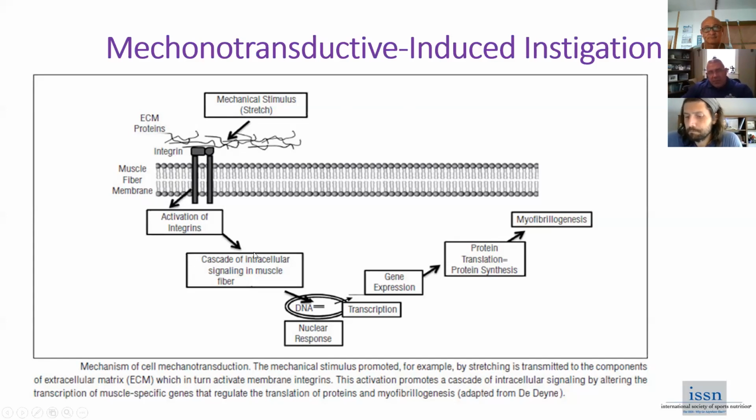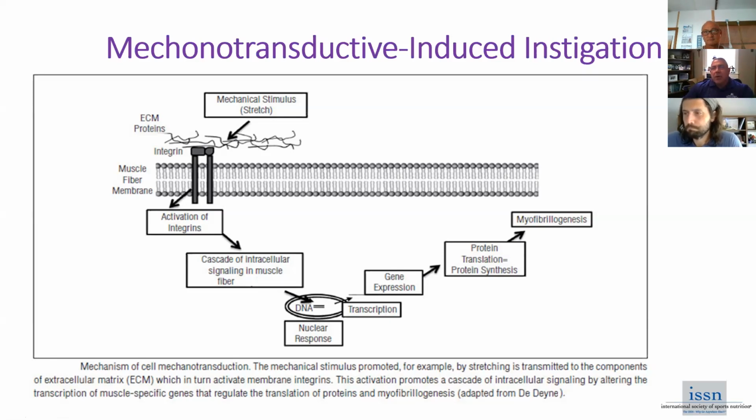That then activates a cell transduction pathway within the sarcoplasm that ends up arriving within DNA and helping to upregulate various muscle-specific genes that end up being important for muscle hypertrophy going forward.